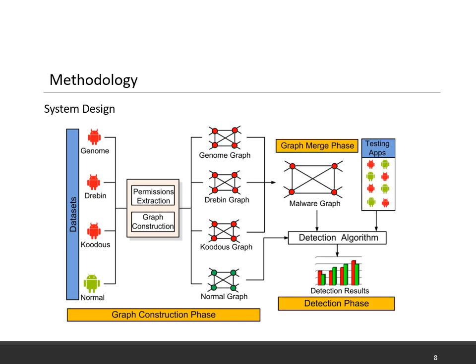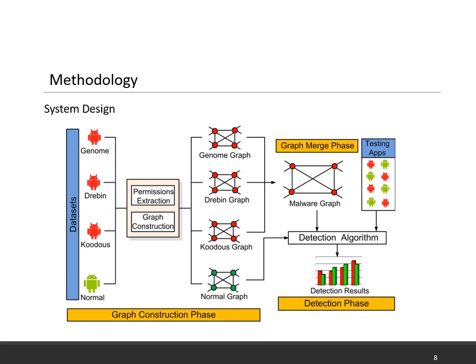In order to do the analysis on permission pairs, they have some malware samples from different sources. The sources here are Genome, Drebin, and Kudus. Besides that, there are some normal Android apps downloaded from the Google Play Store.